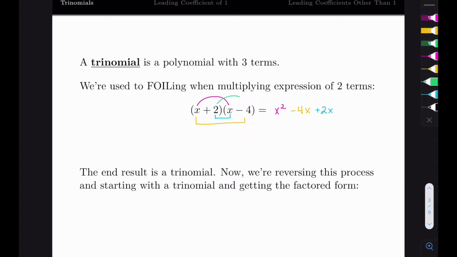And then the last term gives us negative 8. When we have expressions of this form, where it's x to a single power plus a constant, those outer and inner terms are going to condense, and that gives us x squared minus 2x minus 8. Okay? So we know this foiling process.